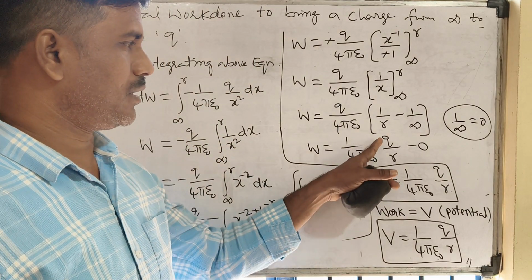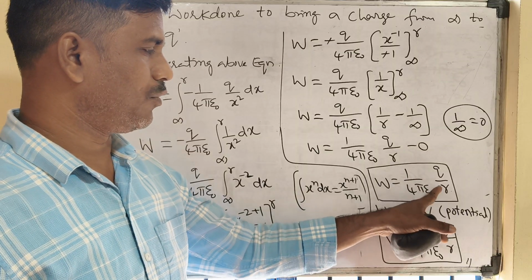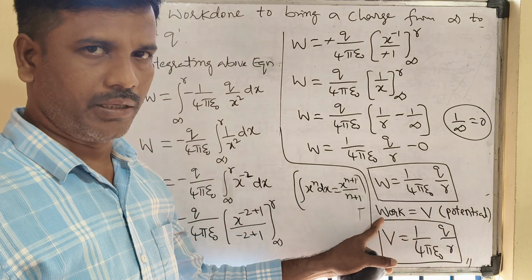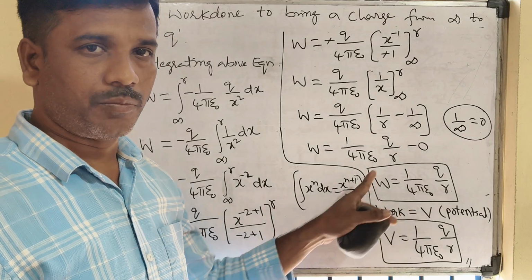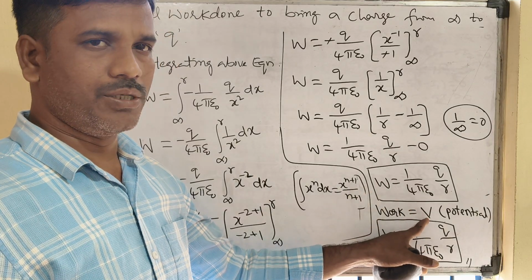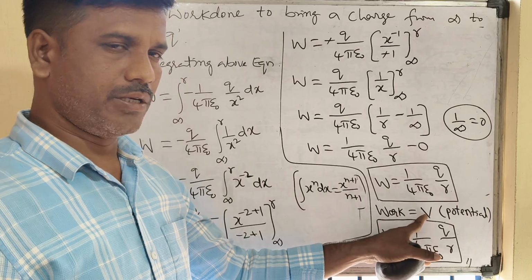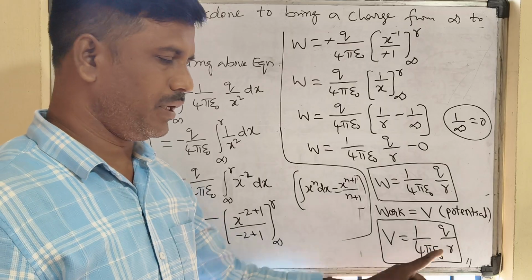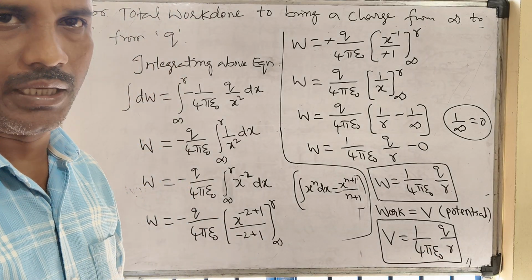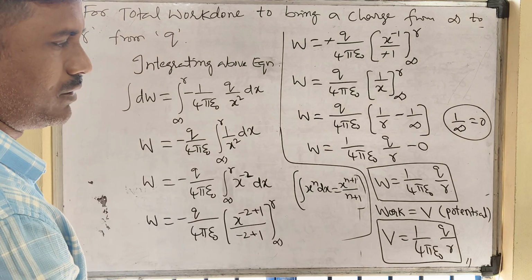Remaining, w equal to 1 by 4 pi epsilon q by r. According to the statement, the work done in bringing a unit positive charge from infinity to that point is equivalent to potential. That is the definition of potential, so W is replaced by V: 1 by 4 pi epsilon Q by R only. Clear? Right. Up to here is 5 marks.